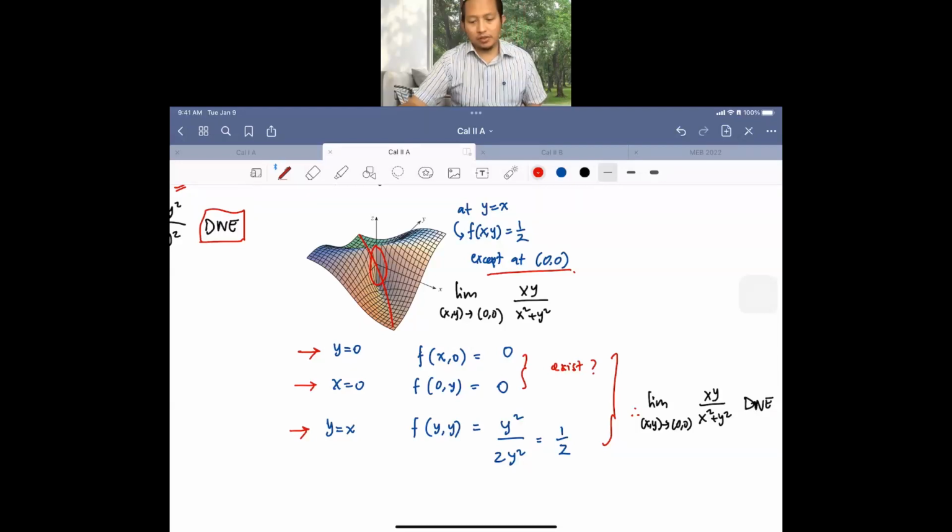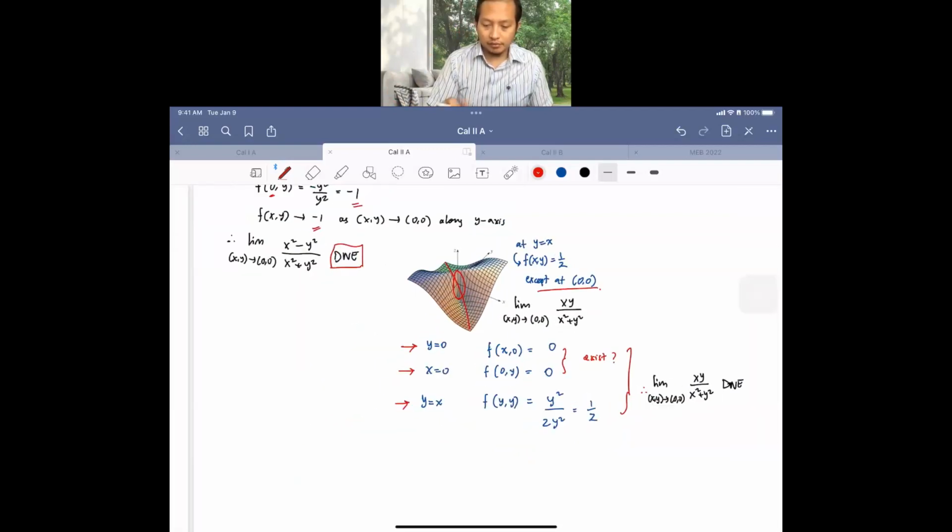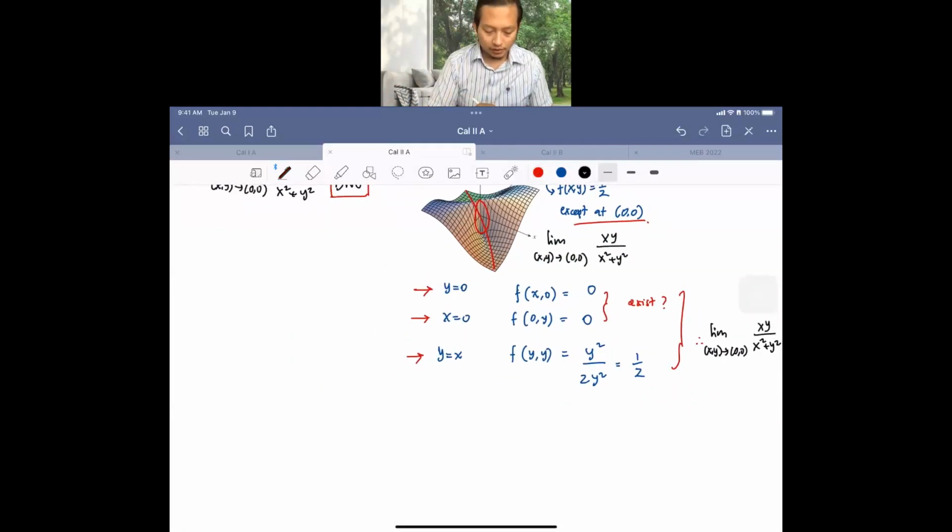And sometimes when you find a limit, you can check first. To solve a limit in two variables, first you might check direct substitution.